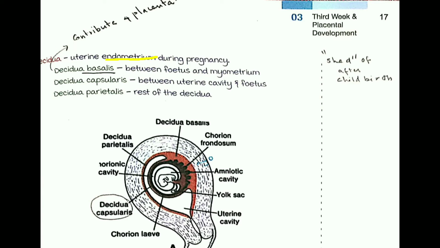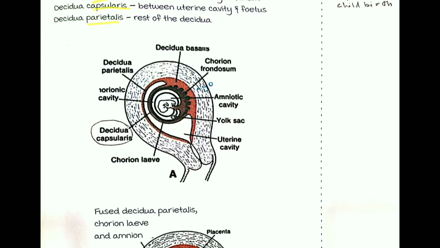This decidua consists of three parts: decidua basalis, decidua capsularis and decidua parietalis. But only the decidua basalis forms the component of placenta. In this diagram we can see the different parts of decidua.